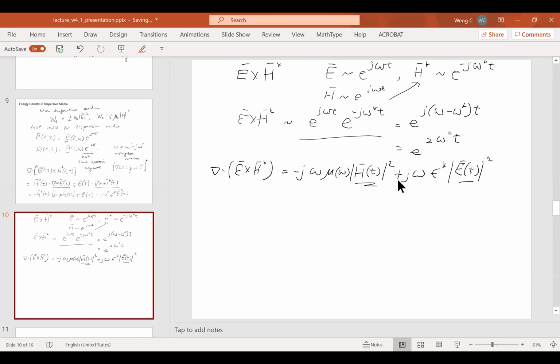But omega is a complex number, and I better make sure that I didn't make a mistake here. That should be a complex conjugate on this thing. And if you write this out more carefully, it will consist of a real part minus an imaginary part, mu of omega H of t squared, okay?